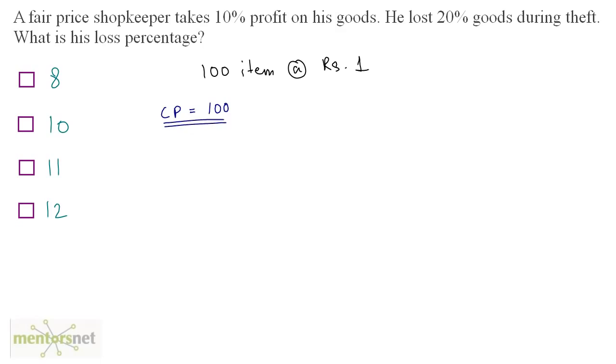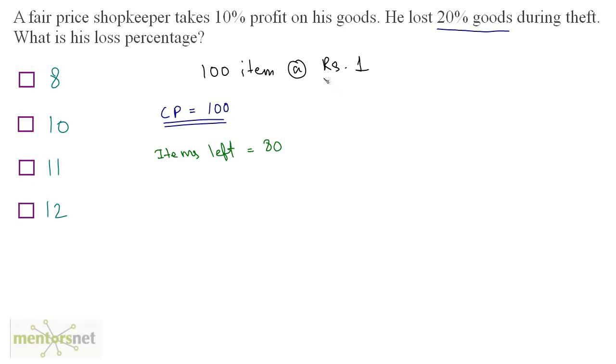He lost 20% goods during theft, so out of those 100 items, 20 items got stolen. So items left is 100 minus 20, which is 80.